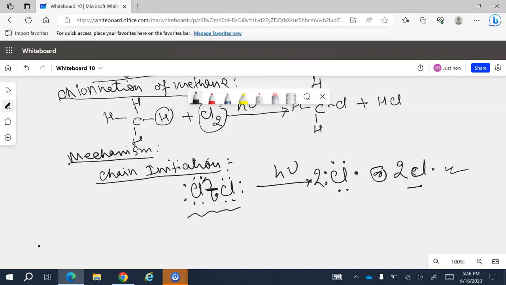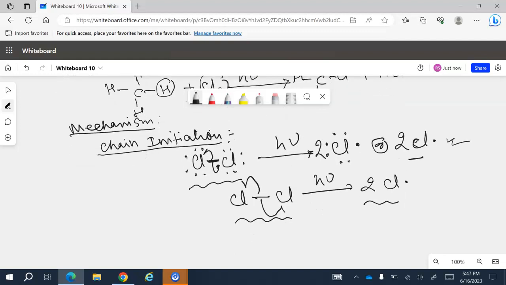We can represent this reaction simply: the chlorine-chlorine bond, one electron goes with one chlorine and one electron goes with the other chlorine, in the presence of sunlight, to generate two chlorine free radicals. No radical in the reactant, radical in the product. This is what we call the chain initiation step.